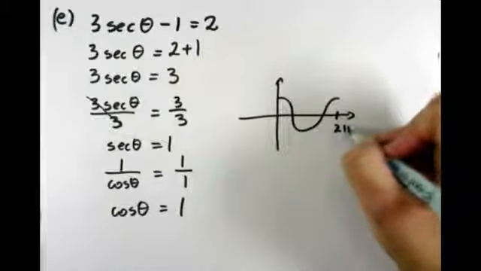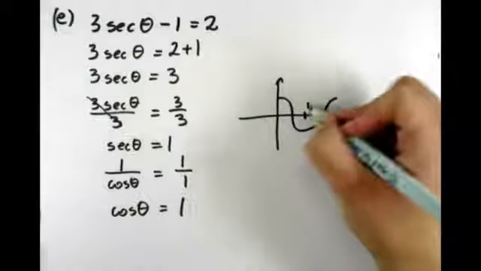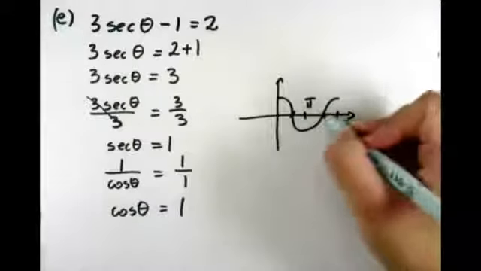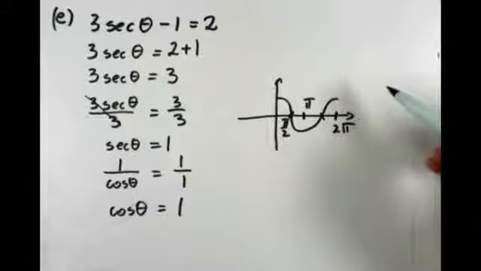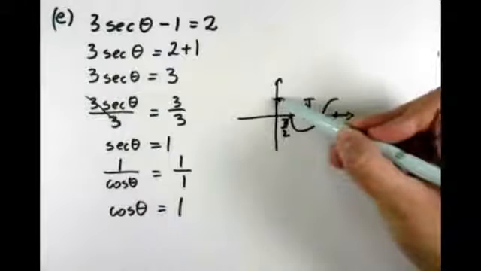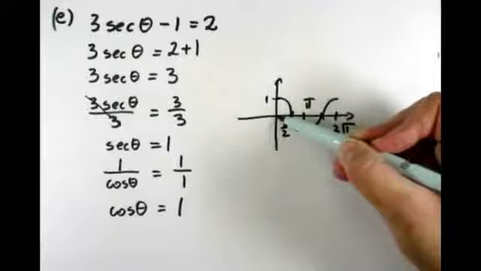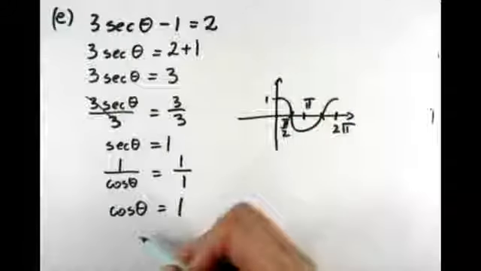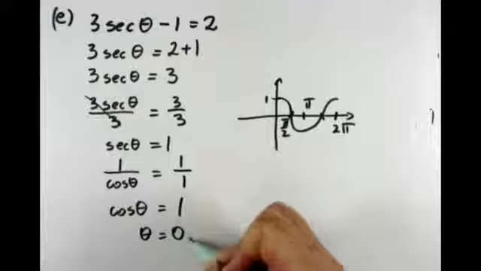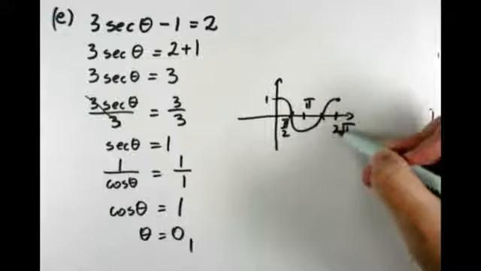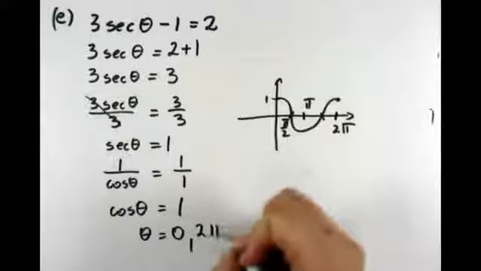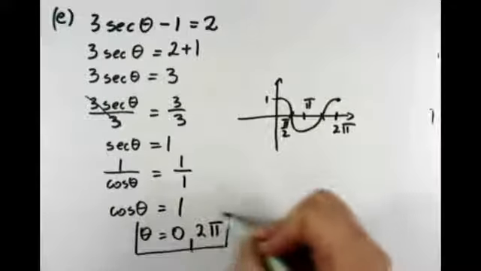Here is 2 pi. In the middle is pi. Here is half pi. So where cos theta has value 1 at this point, theta is 0. And cos theta has value 1 at this point, theta is 2 pi. So that's my solution.